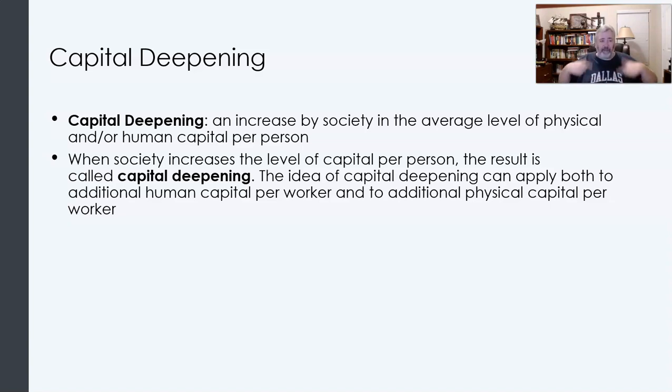Increasing those levels is what we refer to as capital deepening. That's what's allowed America to continue to grow. Our economy has gotten big enough, bad enough, mean enough that we're able to provide consistent improvements in those areas. But we're starting to see maybe some diminishing returns.